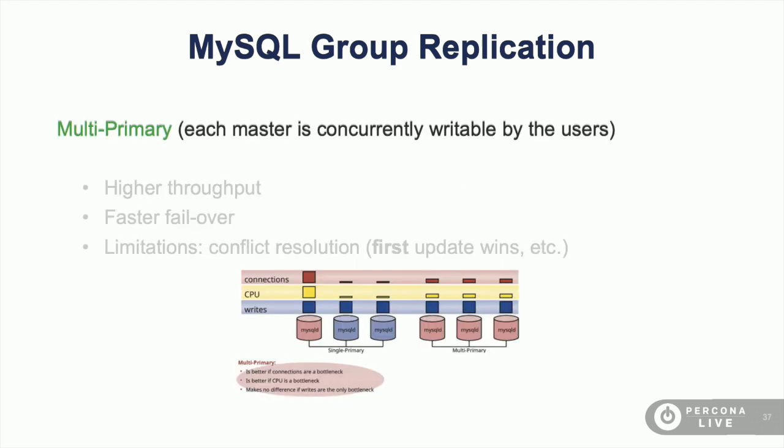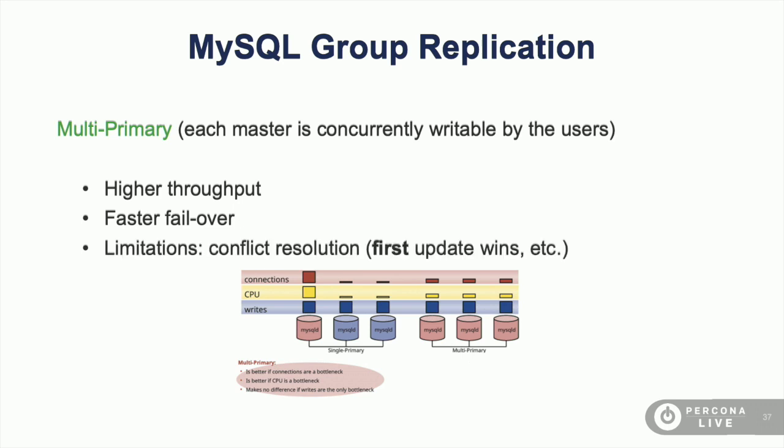And finally, the last but not the least component is the multi-primary, where each master can concurrently accept writes from the external users. People want to use multi-primary to have a higher throughput, especially if the single master node is a bottleneck on CPU and number of database connections, and to achieve a faster failover because all the nodes are in write mode.